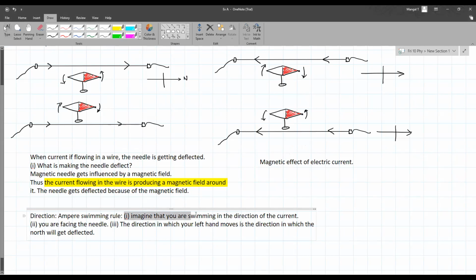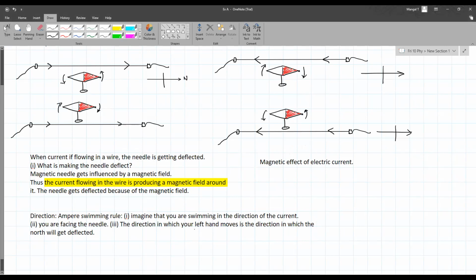Number one, imagine that you are swimming in the direction of the current. So if the current is flowing from left to right, imagine you're swimming left to right. Second thing is you should be facing the needle. So in this particular case, the way you normally swim, with your head down and moving your hands, you're looking at the needle which is placed down.